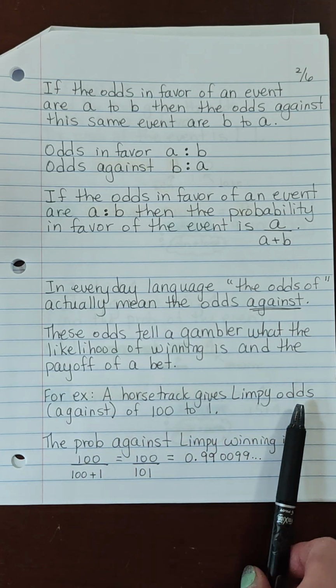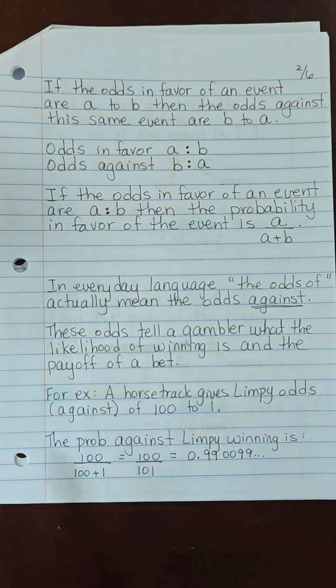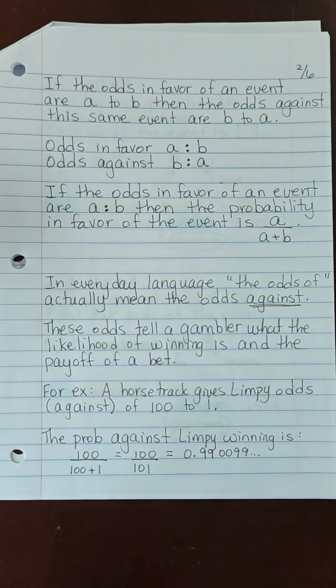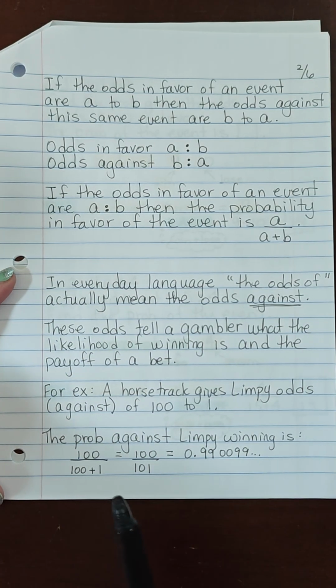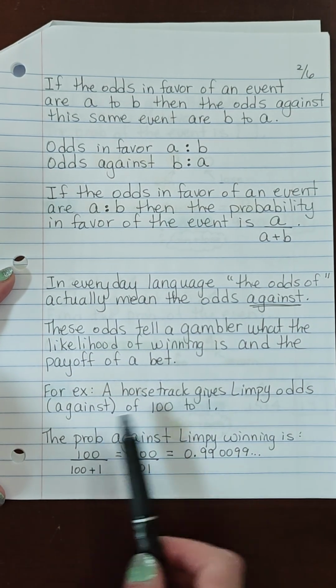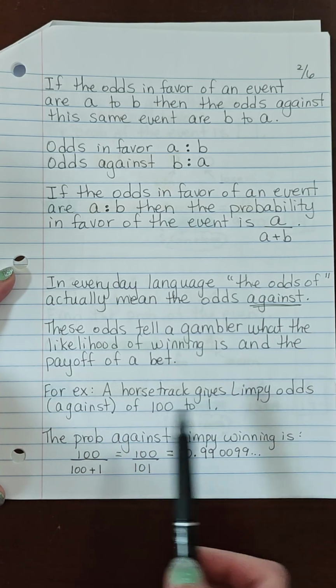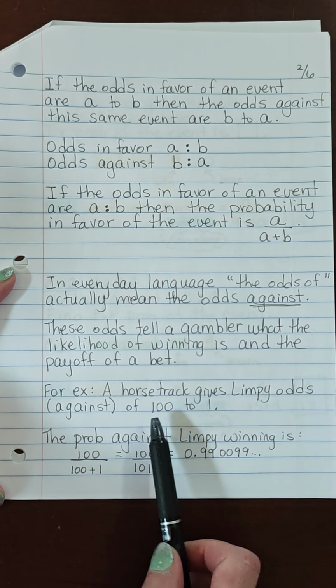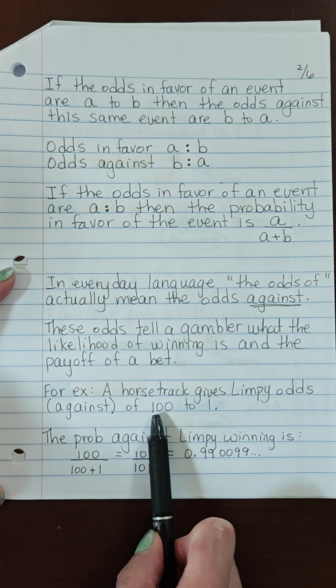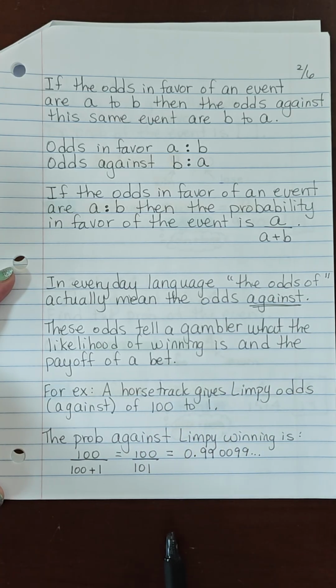Remember, the odds of is implying the odds against, which I feel is kind of weird because when I hear the odds of something, I naturally think in favor of. I don't know if that's how you think as well, but it's weird for me that the normal thing is against. So Limpy here has the odds against winning of 100 to 1.